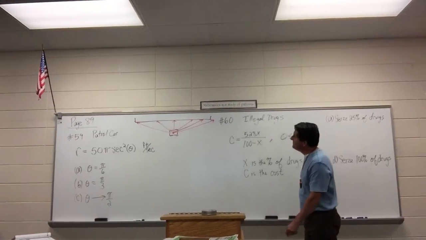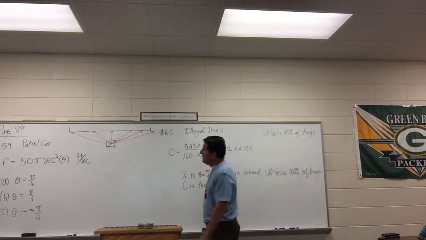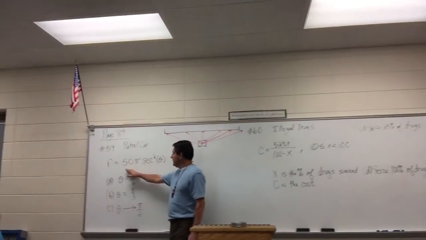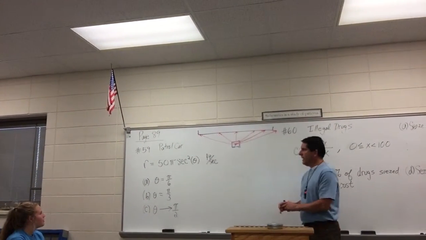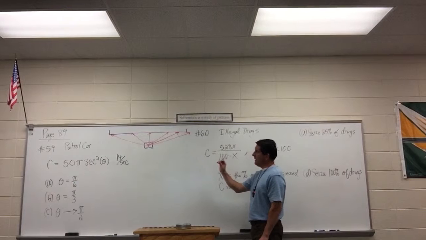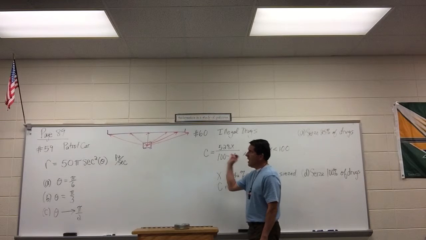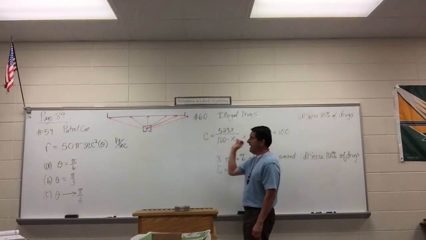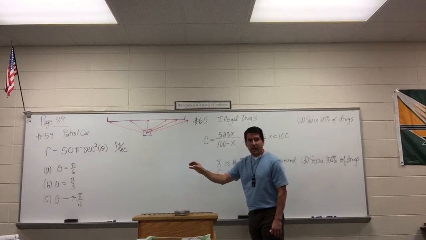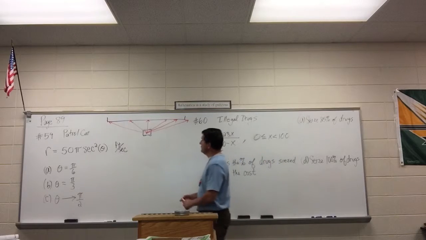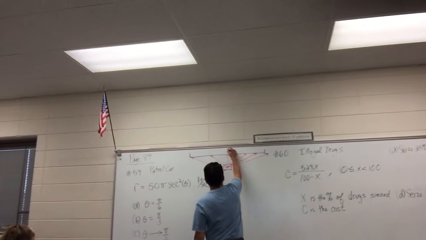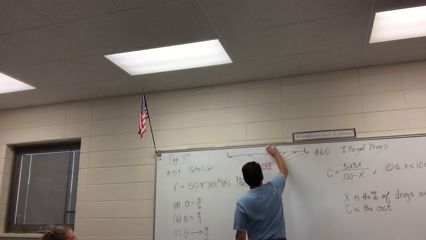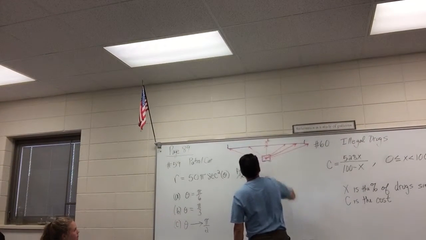Now, this R function gives you the rate that light is traveling on the wall at any given moment, based upon the angle. So this would be 0 degrees here, or 0 radians.